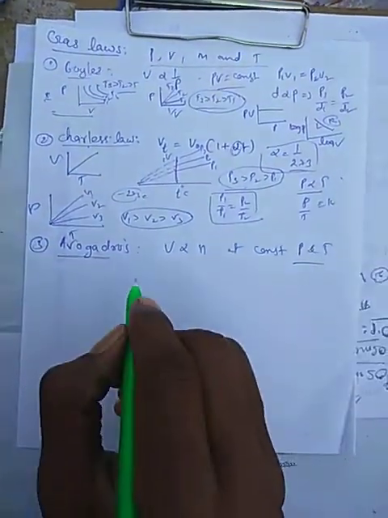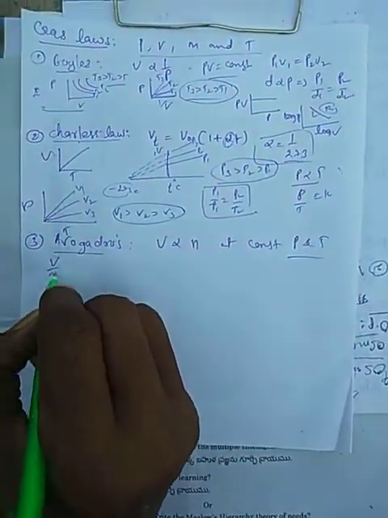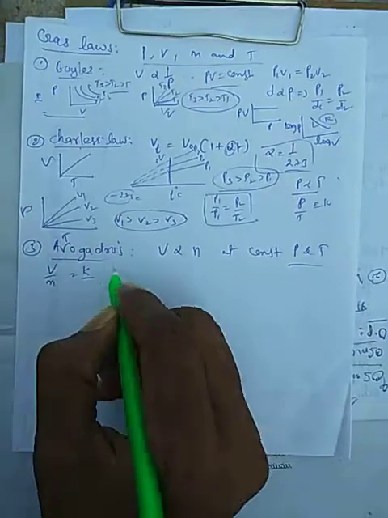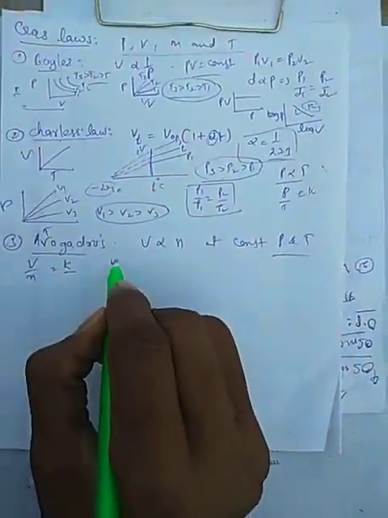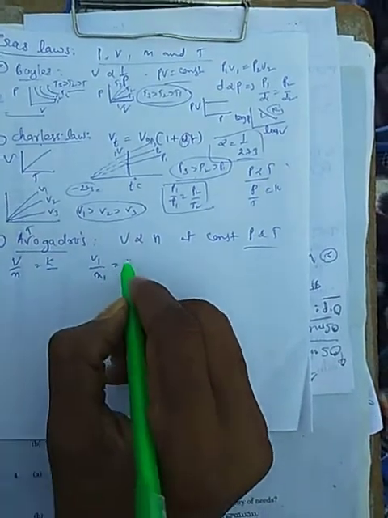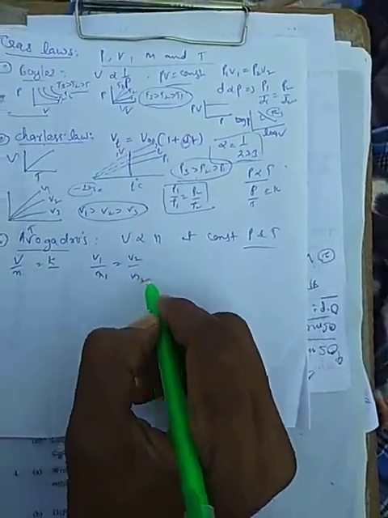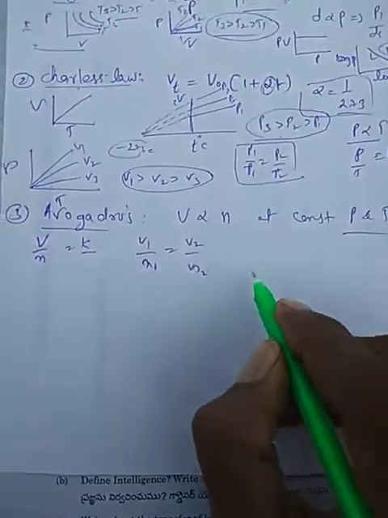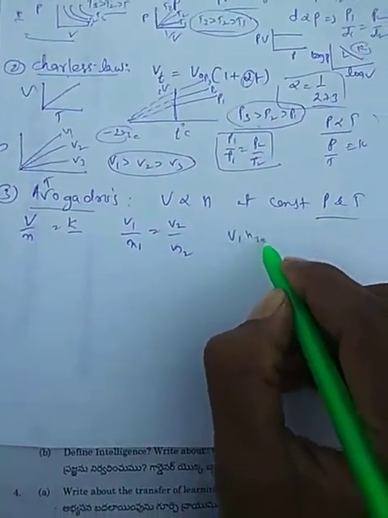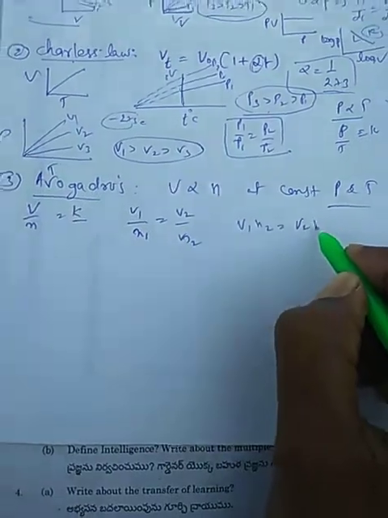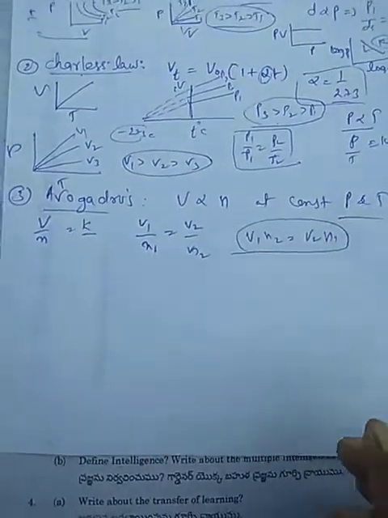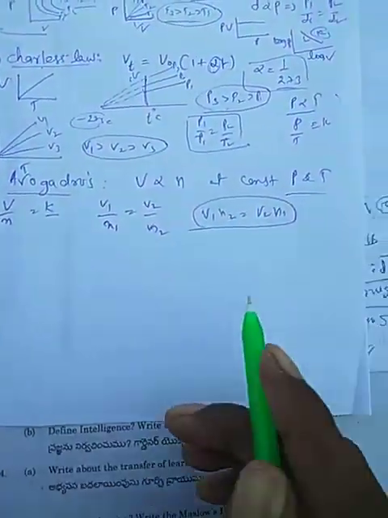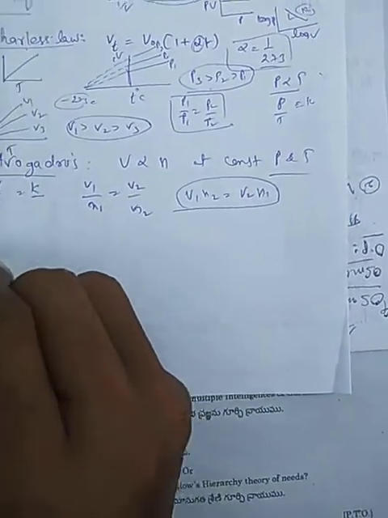Now V/n is equal to constant K. We can change it to V1/n1 is equal to V2/n2, which we can also write as V1 n2 is equal to V2 n1. Next I am going to explain the ideal gas.